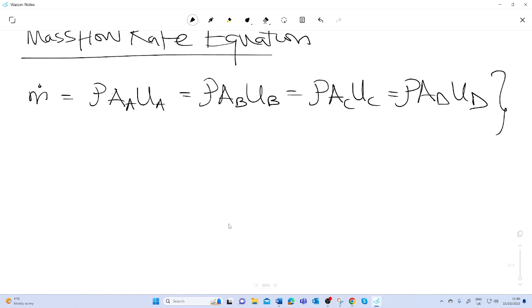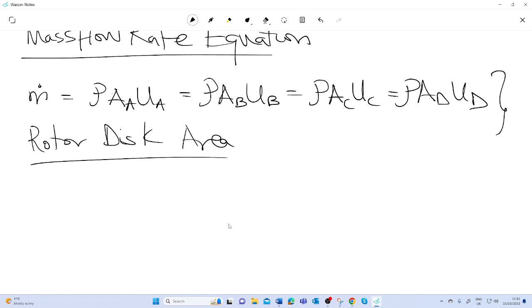And this is the mass flow rate equation. And also let us not forget the rotor disk. The rotor disk area, that is the area BC, equals pi r squared.